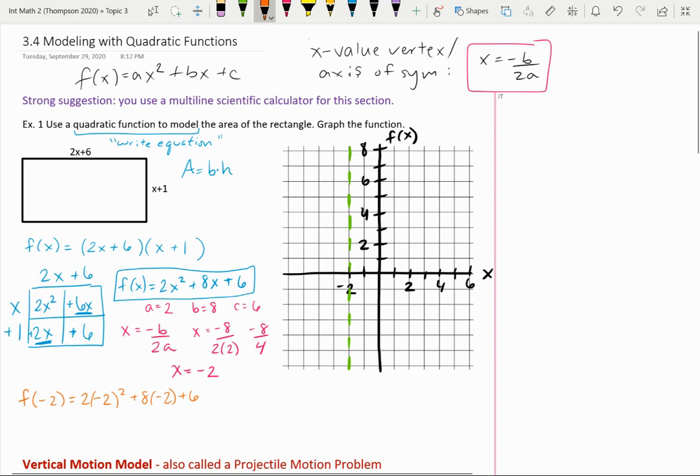And using my order of operations, I'm going to multiply this out. My first step is the exponents. So you have 2 times this negative 2 squared. Negative 2 times negative 2 gives me a positive 4.